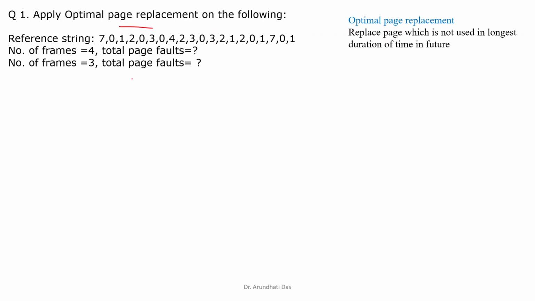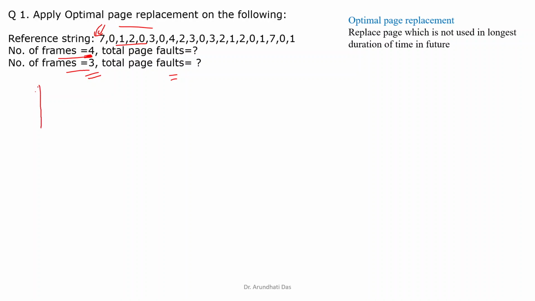Let's discuss this example. As you can see, the reference string will be given, and the number of frames in the main memory will be given. For the same string we will see with number of frames 4 what the page faults will be, and with number of frames 3 what the page faults will be.